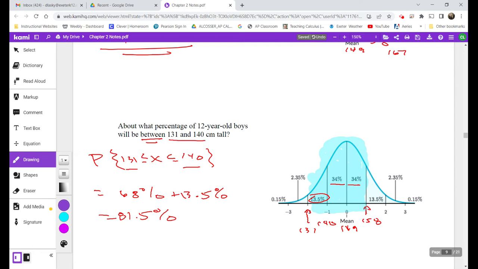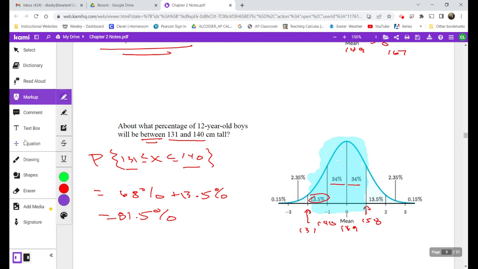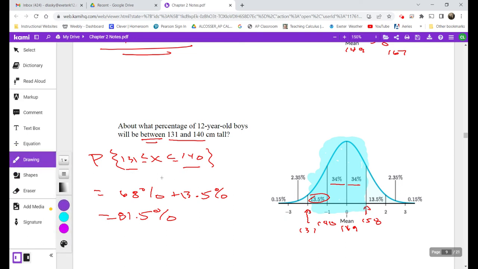Oh, I messed up. I didn't read the problem. It should be 140. So I hope you guys are sitting there screaming at me going, Mr. Lasky, you're totally doing that problem wrong. I know. So I wrote it right here, and then I didn't even catch it when I shaded this wrong.